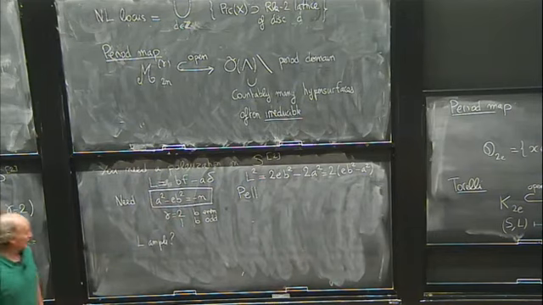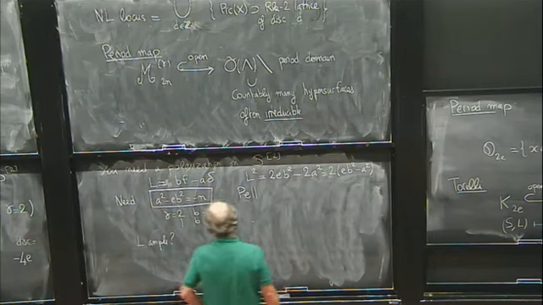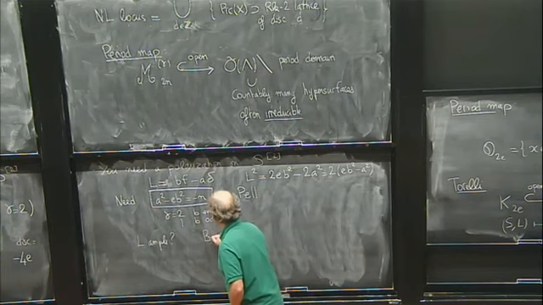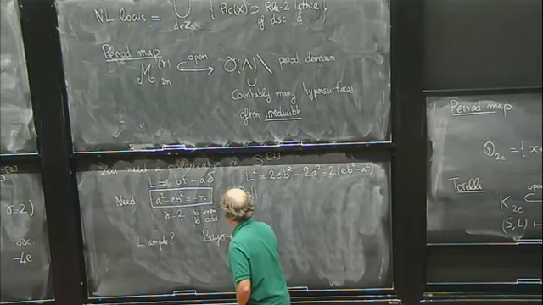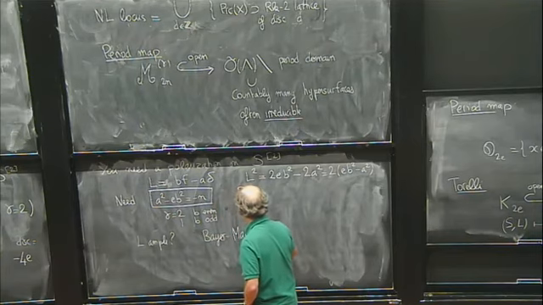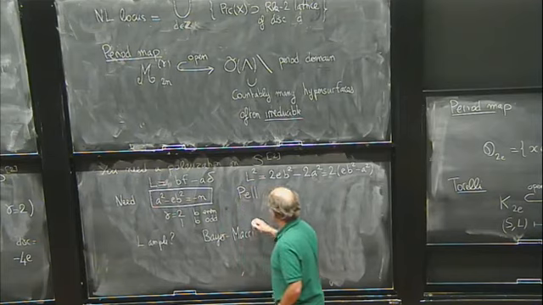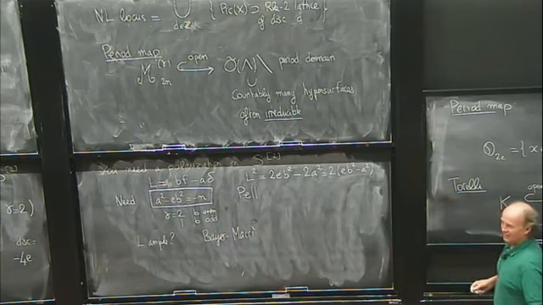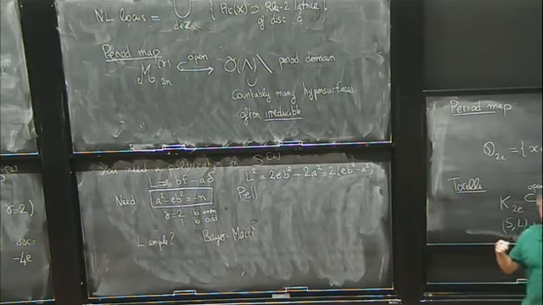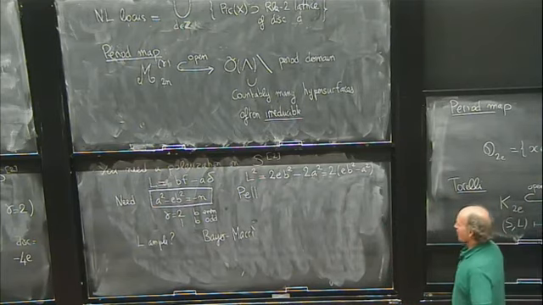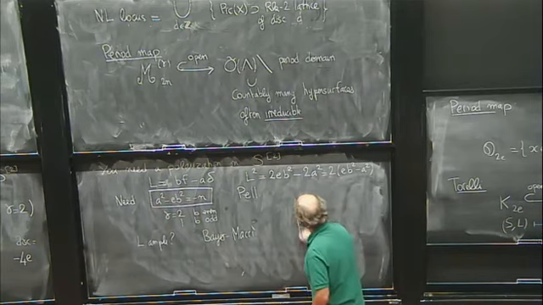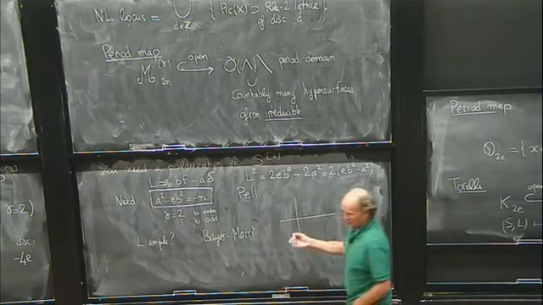Fortunately, this is known by work of Bayer and Macrì. I don't understand accents in Italian. Anyway, they describe the ample cone, and it's a two-dimensional cone, so there's not a lot of choices.